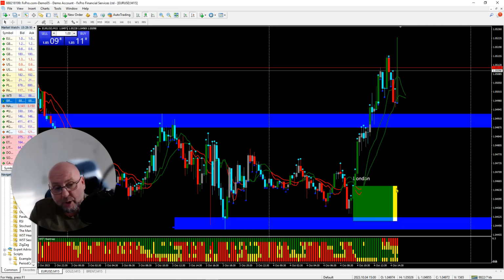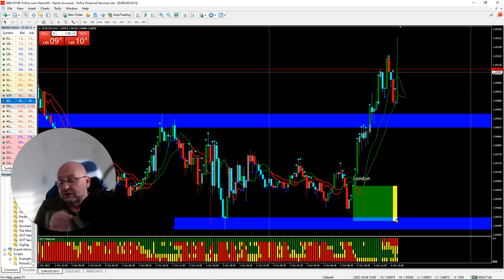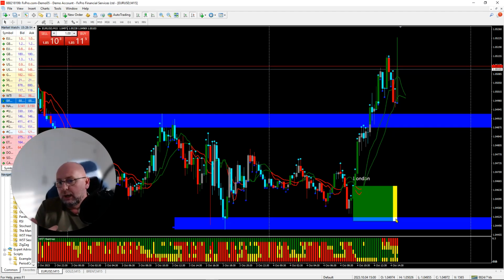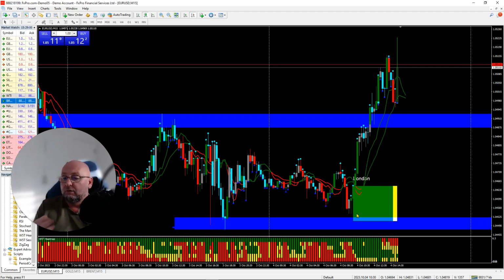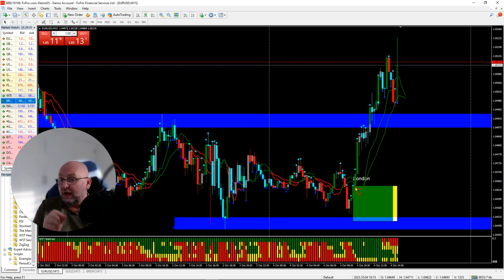You can see at the moment it's just turned yellow, so that's become neutral. It's not bullish or bearish, but the first candle closed and it was bullish. So we're only looking for a long trade out of that range, and it's got to happen within the first two candles of that range opening for it to be a really strong trade.